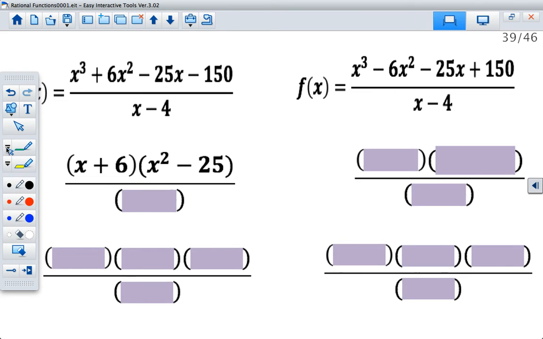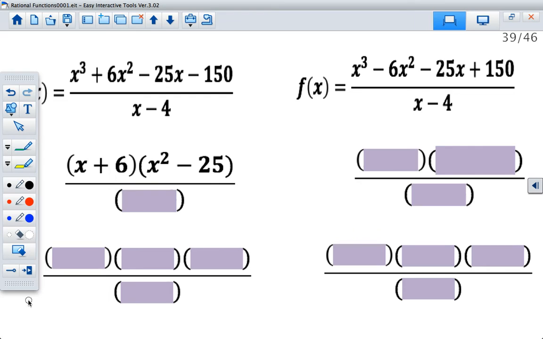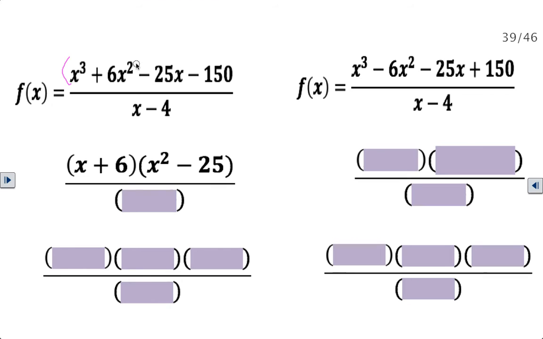I'm going to change my pen color to pink. Pink is close to purple, right? In order to group this, we break this down into these two sections. Look at this section and ask, what do both of these terms have? They both have an x squared, so you can factor out an x squared and you're left with x plus 6.